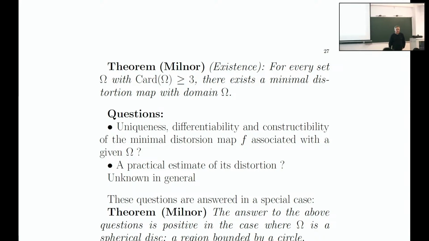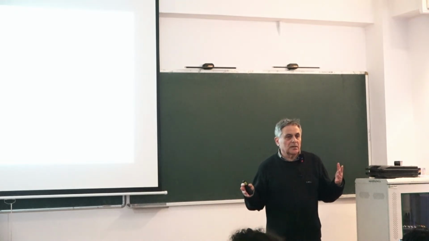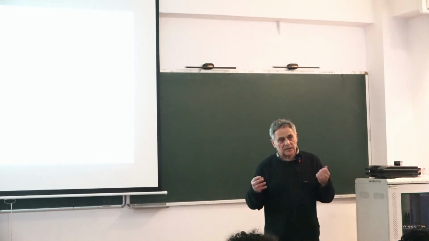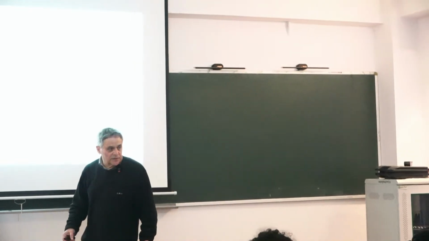Is it obvious for you that a map of minimal distortion exists? Because if you take the map which contracts everything, or no, you want a map which is injective, at least. And there's no theorem which tells you that a minimal distortion map exists.